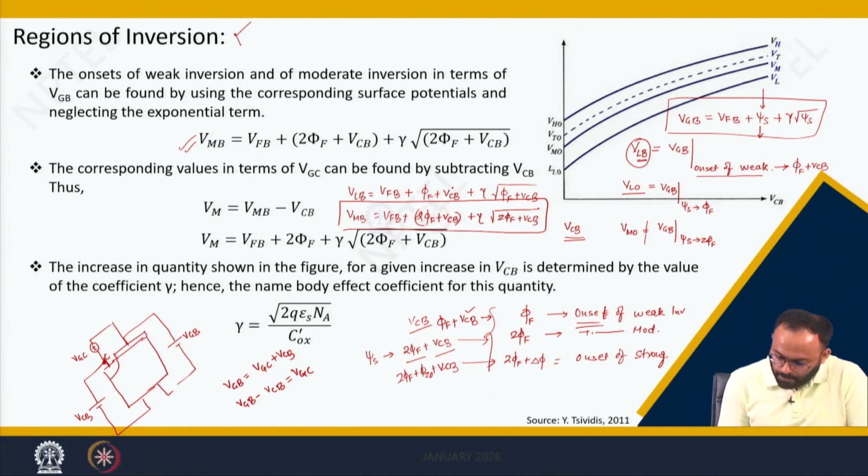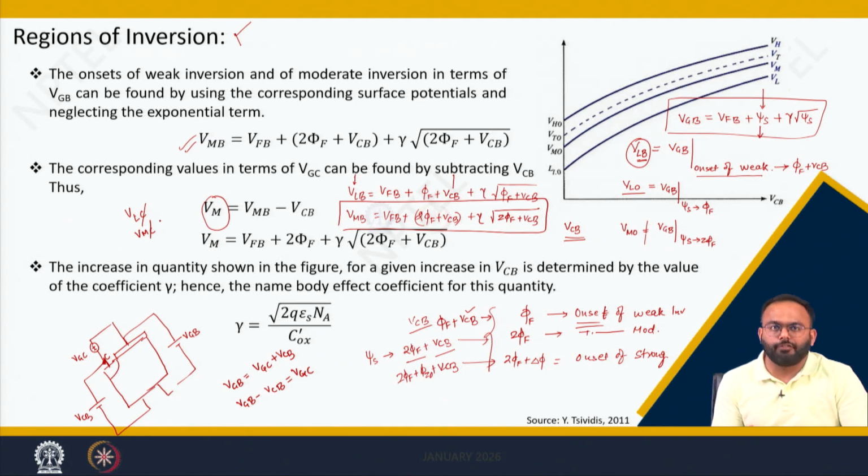We are actually subtracting the VCB value from VLB. So all these equations will be in the form of VLC or VMC. To avoid these confusions, we simply denoted a new term VM or VL or VH or VT.